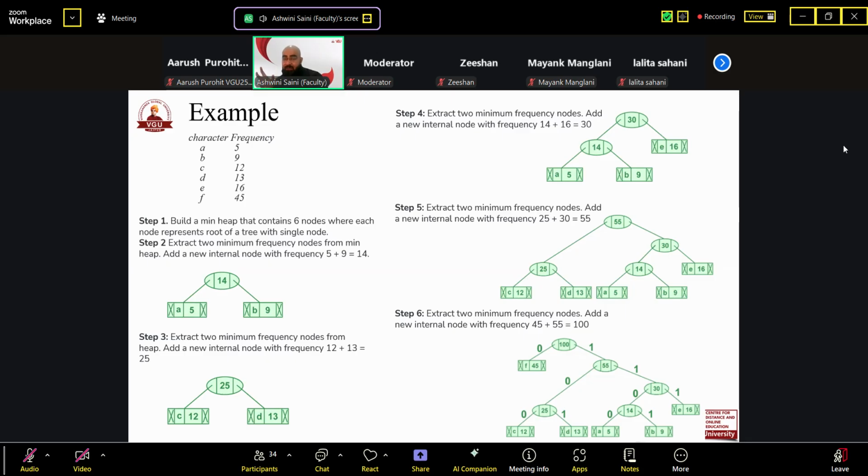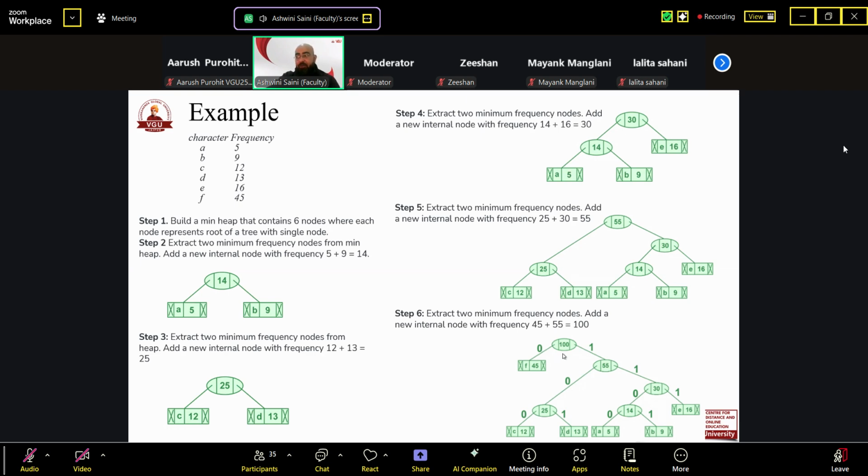If it is not in ascending order, then we were swapping the nodes. At the end, we were finding the total of all the frequencies. Here we have 100, because if we add all the frequencies from A to F, the total will be 100.